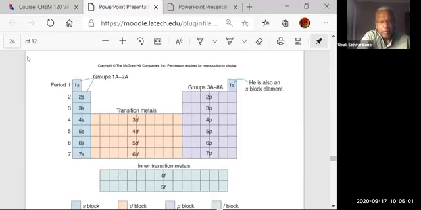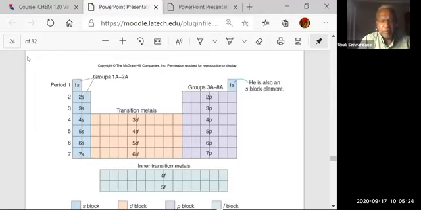Sodium is 1s2, 2s2, 2p6, 3s1. So the number of electrons is the same as the atomic number.